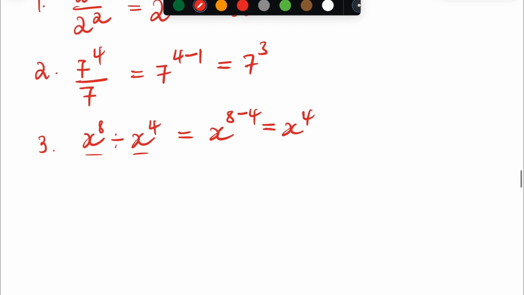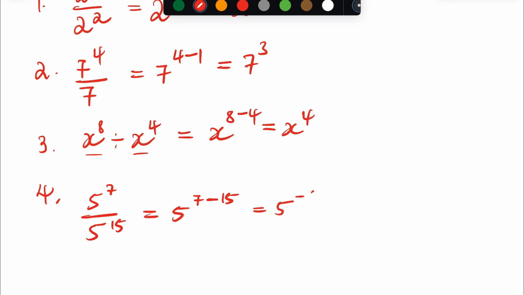Now let's take another question. Let's look at the case where we have 5 to the power 7 divided by 5 to the power 15. This is what we do. We do the same. It's going to be 5 to the power 7 minus 15, which is 5 to the power negative 8.